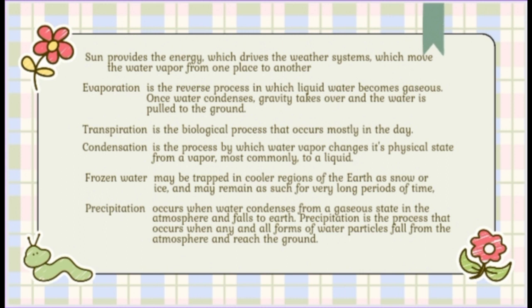Evaporation occurs when the physical state of water is changed from a liquid state to a gaseous state. A considerable amount of heat, about 600 calories of energy for each gram of water, is exchanged during the change of state.